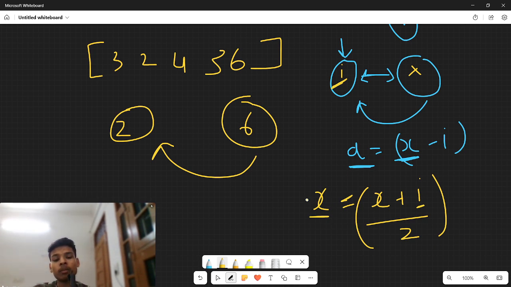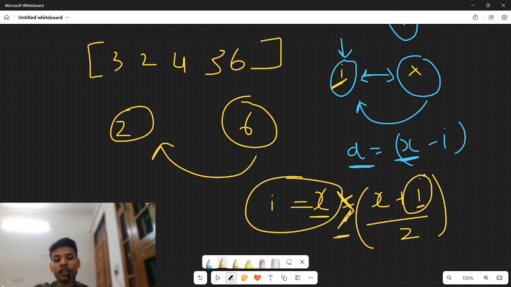Here you can see my maximum value becomes maximum value plus minimum value divided by 2. You can see this value is always smaller than or equal to x only, which is indeed decreasing my maximum value. So I will simply count the number of times I am using this operation to make it equal to the minimum value, and what is x? x is always the minimum value at every point.